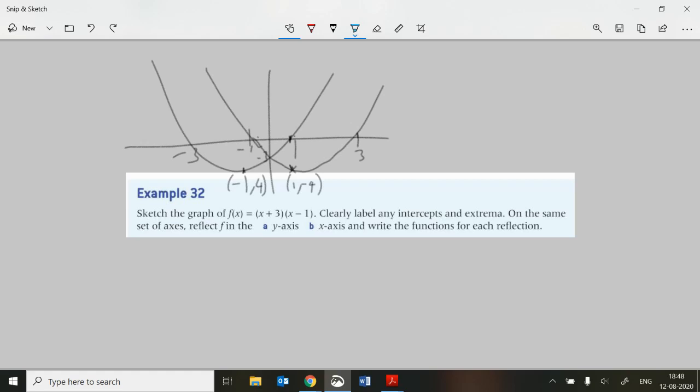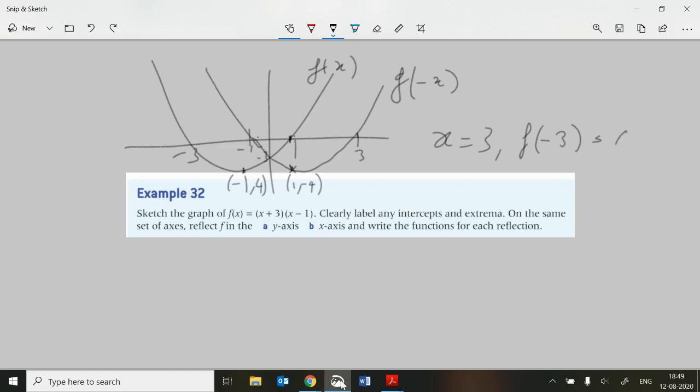Okay, so remember that this was the original function, and the reflection in the y-axis is f of -x. So it's saying, for example, if we put in, I don't know, x is equal to 3, then f of -x, we're actually plotting f of -3, which is over to this side, which is a 0.